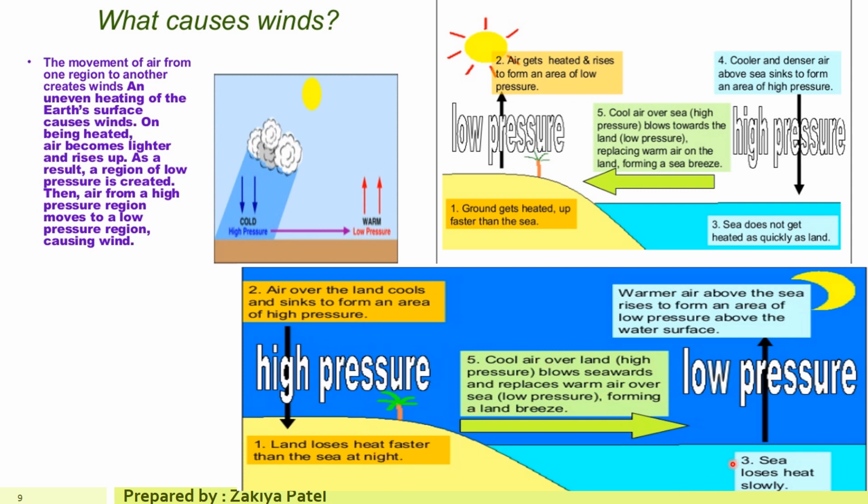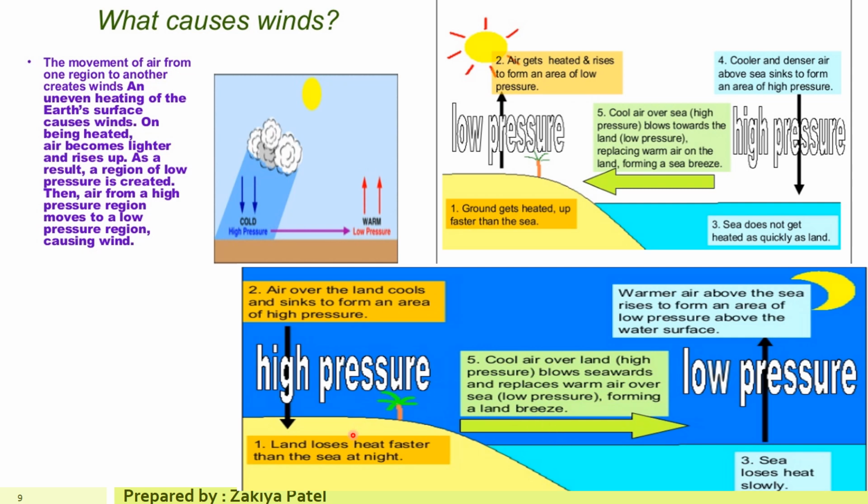Whereas what happens at the sea level? The sea loses heat slowly. So warmer air above the sea rises to form an area of low pressure above the water surface. So the air above the sea level will create what kind of area? Low pressure. Whereas the air above the ground will create what kind of area? High pressure.